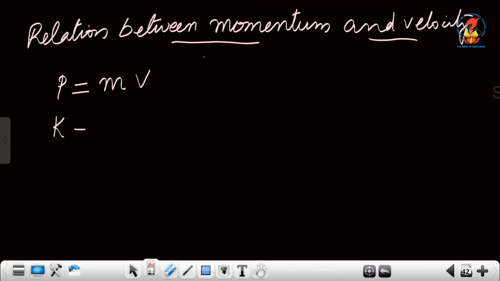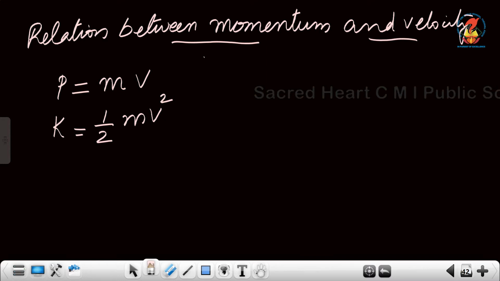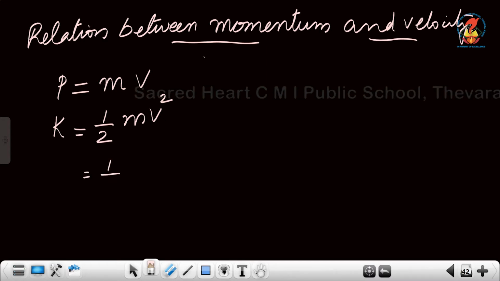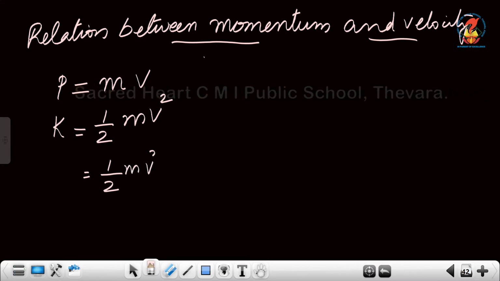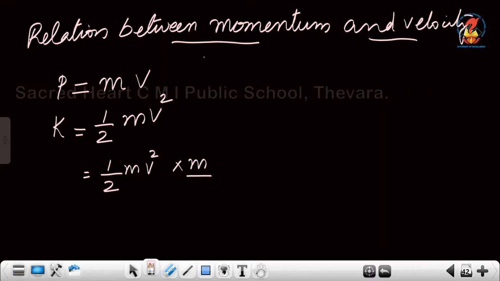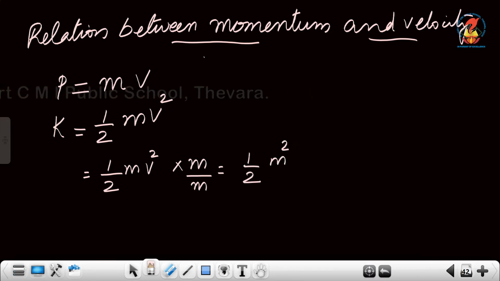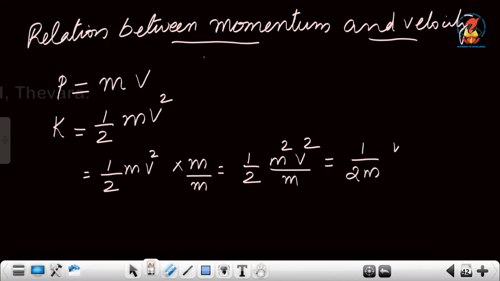And kinetic energy is given by K is equal to half m v square. What I am going to do is divide and multiply the right hand side of this equation with m. So I will get half m v square into m divided by m, that is half m square v square by m, which is equal to 1 by 2m into (m v) the whole square.